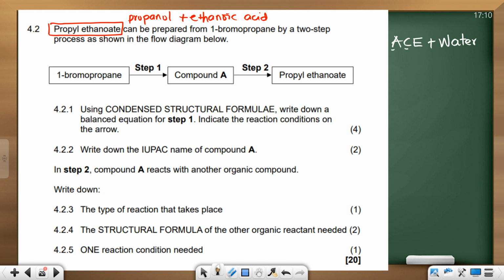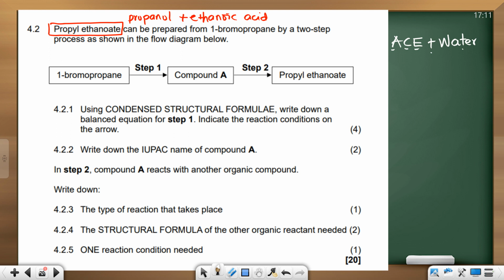Carboxylic acid to form what? Esters and water. Done. Alcohol will react with carboxylic acid to form esters and water. That's why immediately I saw propyl ethanoate, the first one is always your alcohol: propanol. Ethanoate, ethanoic acid.